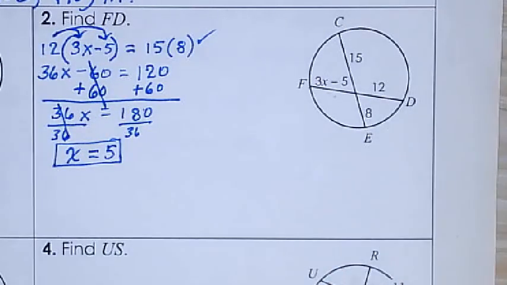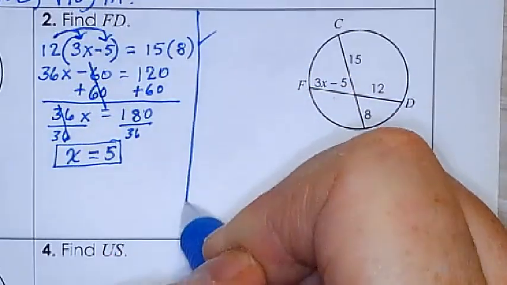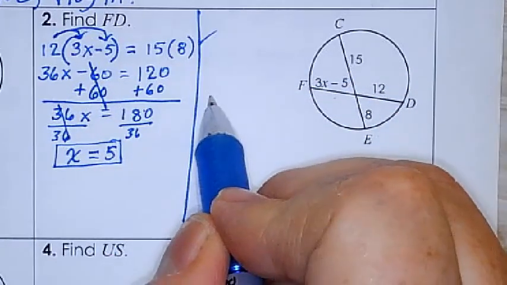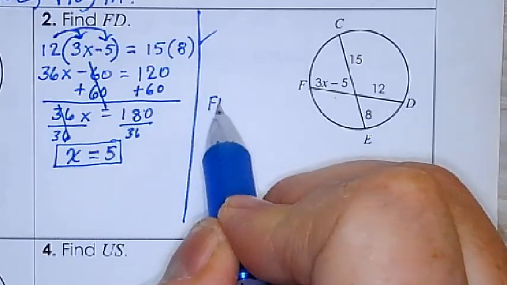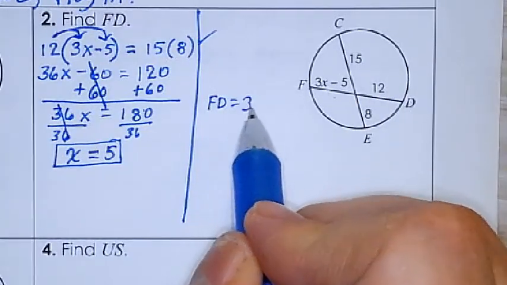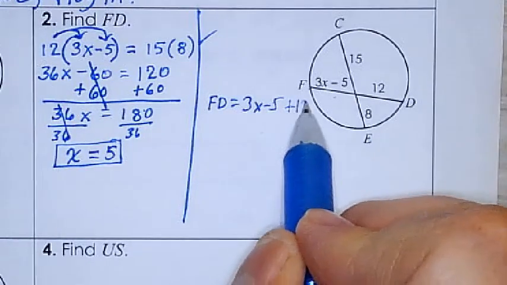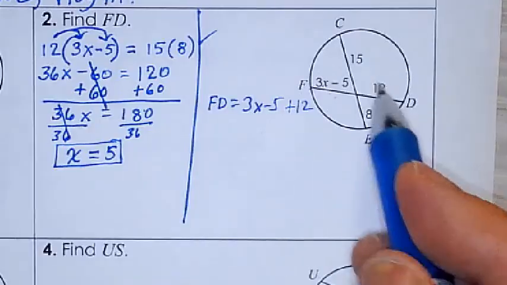I guess what I'm trying to say is the distance from F to D is this segment, which is 3x minus 5, plus this segment, which is what? Did that make any sense? From F to D, it's this piece plus this piece. That's what I put there.